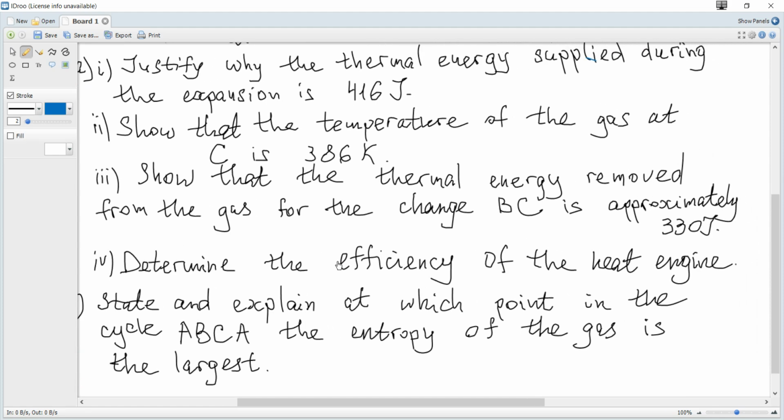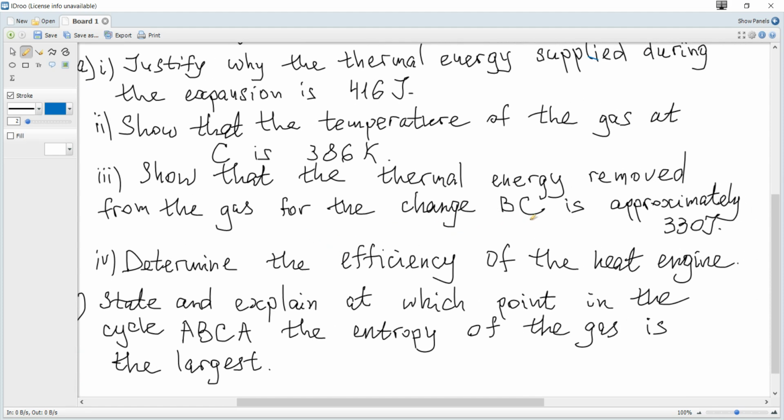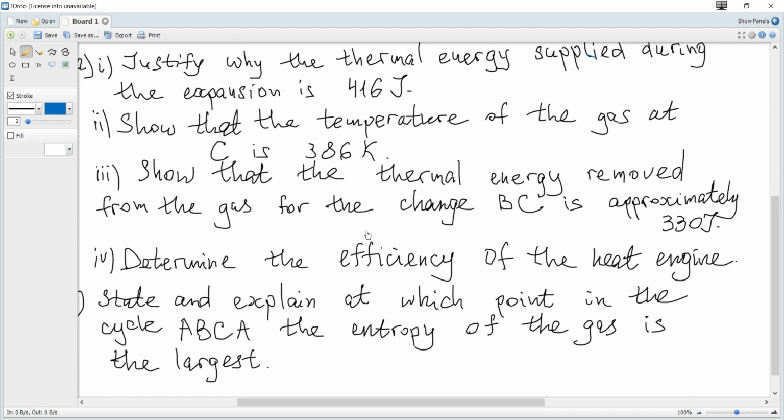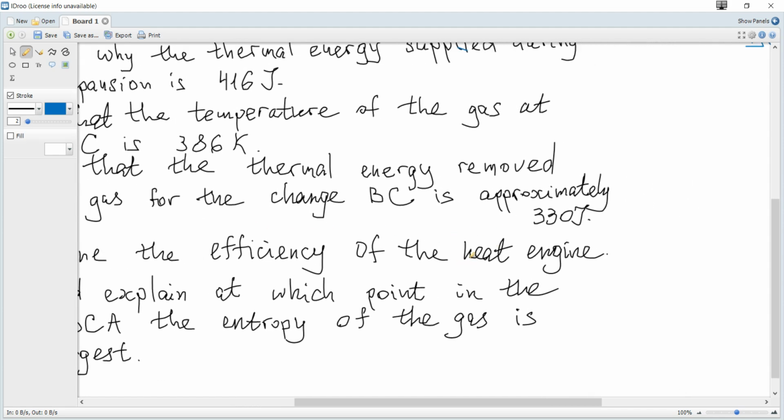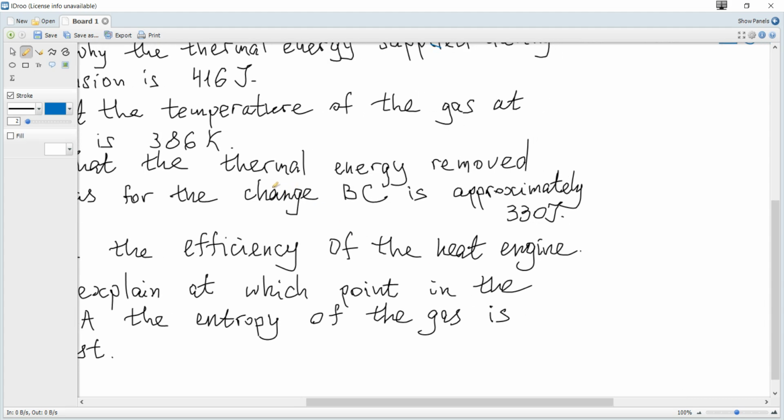And the next question shows that the thermal energy removed from the gas for the change BC is approximately 330 joules. And again, it's about energy removed or supplied.